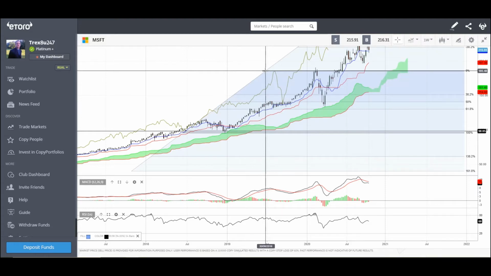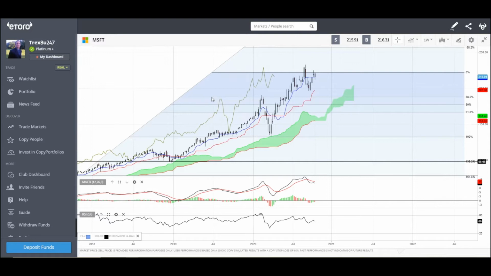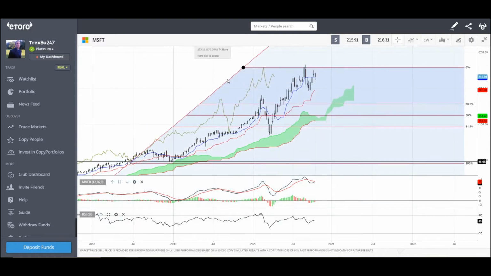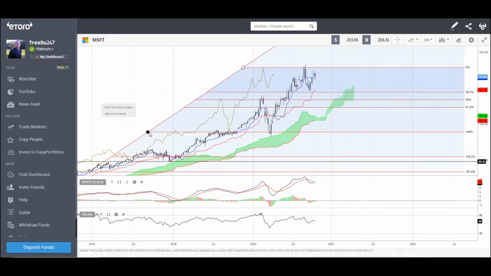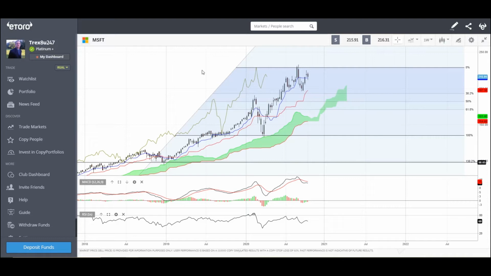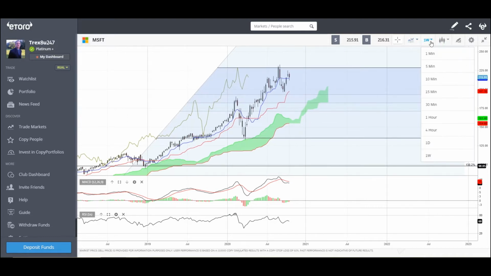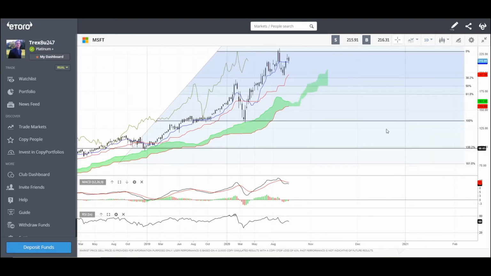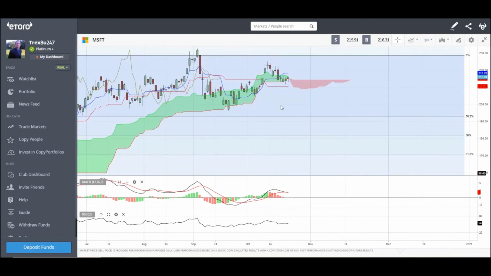Looking at past levels just to verify if I can use new levels. Looks good. Moving closer to a day chart.